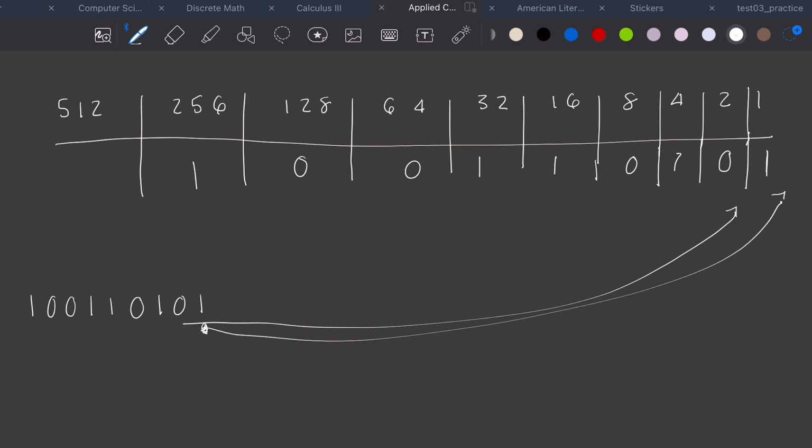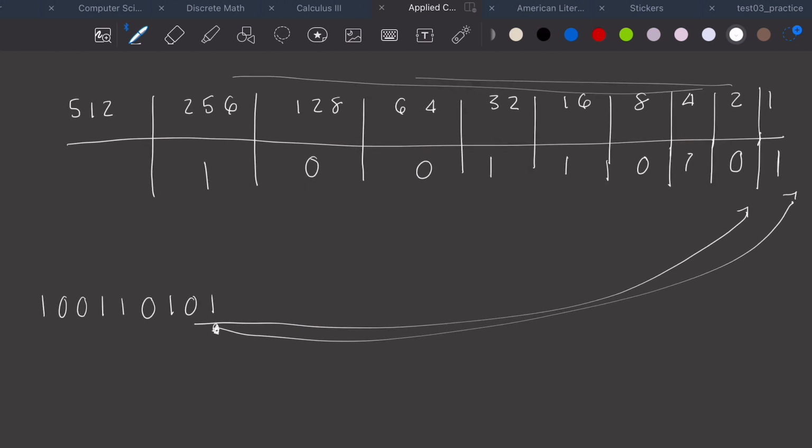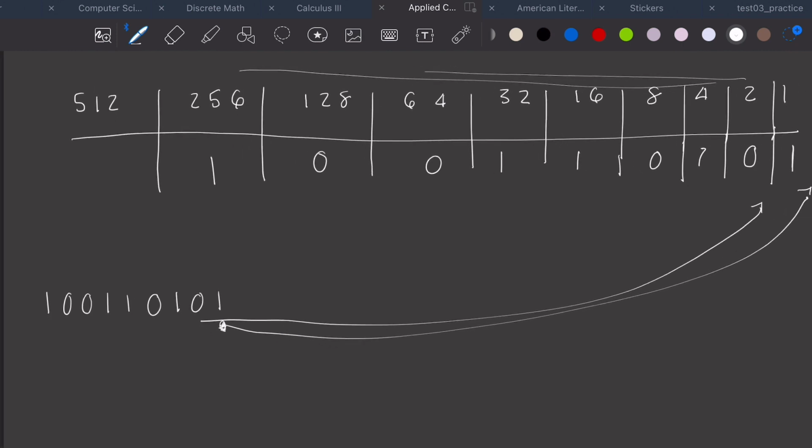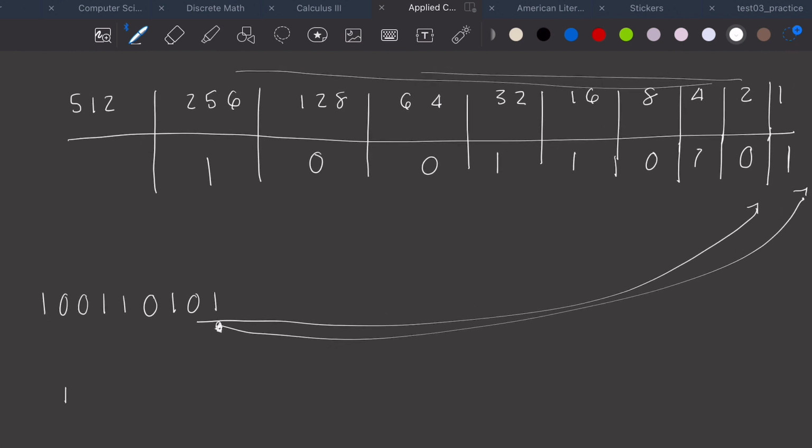Okay, and now I'm just going to write out all the numbers that have the 1s in the table, and I'm going to add them all together. So the numbers that have 1s are 1 plus 4 plus 16 plus 32, and then plus 256.